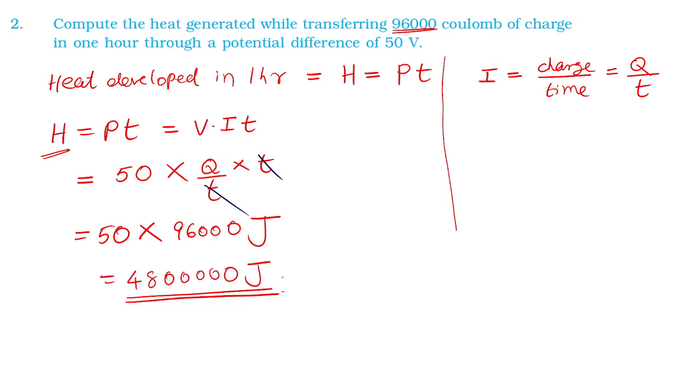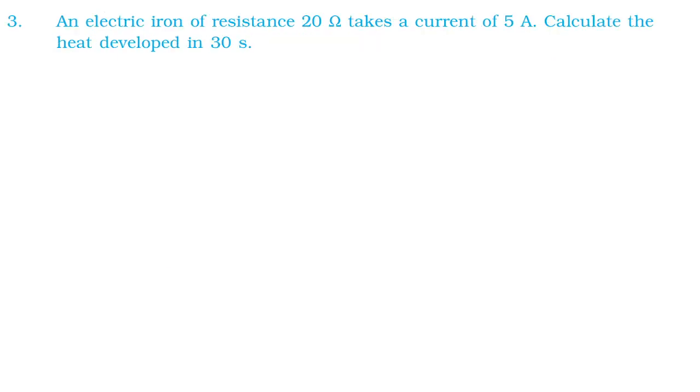I hope you have understood. Look at this problem. Today I will discuss only the problems related to power and heat energy. An electric iron has a resistance of 20 ohm.